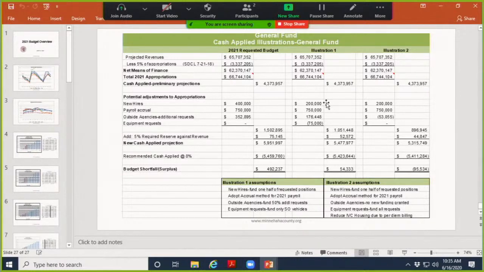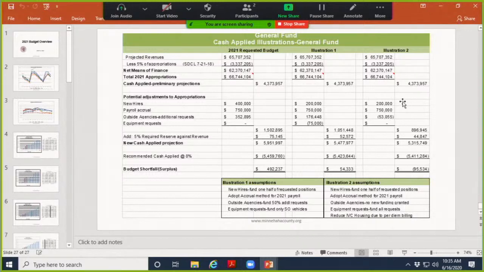So in effect, say we add just half of the positions requested, do the payroll accrual, grant half of the additional requests for funding by outside agencies, and trim some equipment costs, we would still increase appropriations by $1 million, but that would get us within $50,000 of our targeted cash applied. We'd still be slightly over by that $54,000 in this illustration.